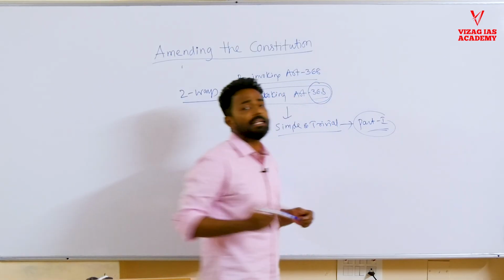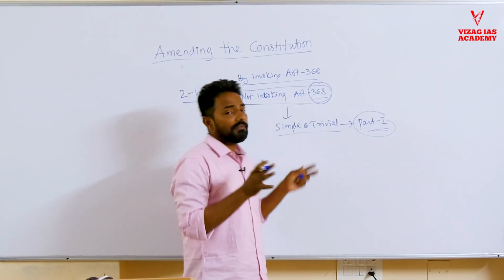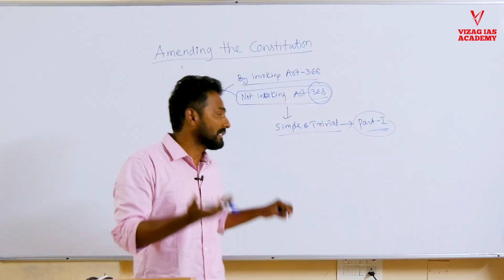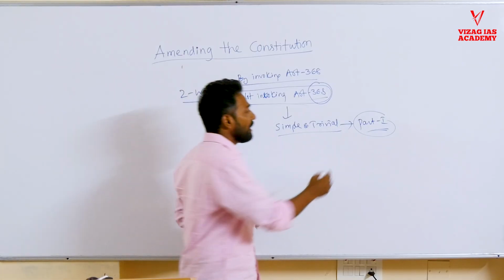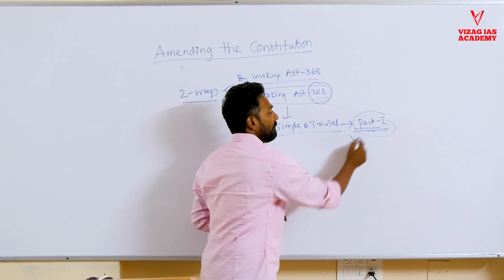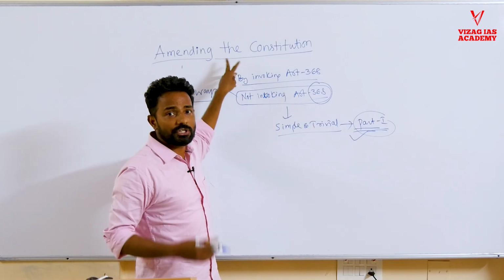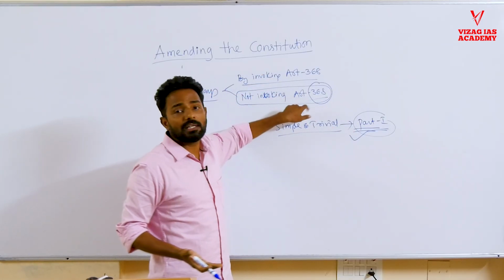Like the matters involved in Part 1 of the constitution. What is Part 1? It talks about the Indian Union: states and union territories, changes of boundaries, alteration of boundaries and names. We can change the names of the states, and we can create new states. If we do that, we have to amend the constitution, but you don't need to invoke Article 368.